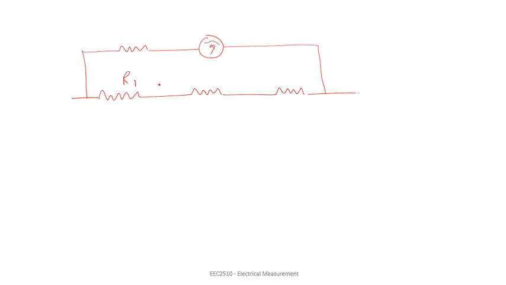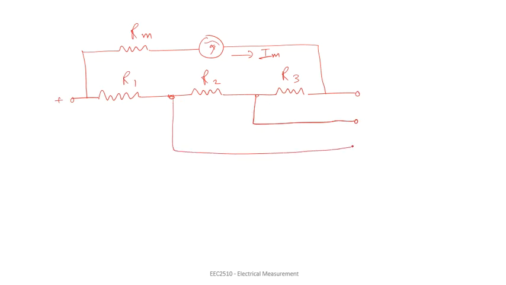So this is R1, R2, R3, Rm. This is the current flowing through the meter, Im.